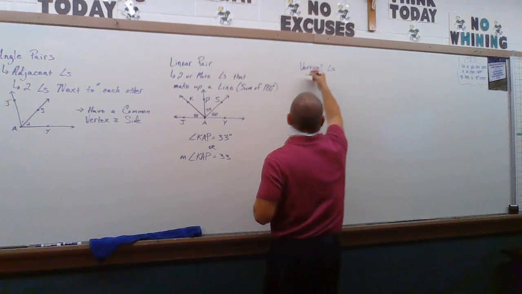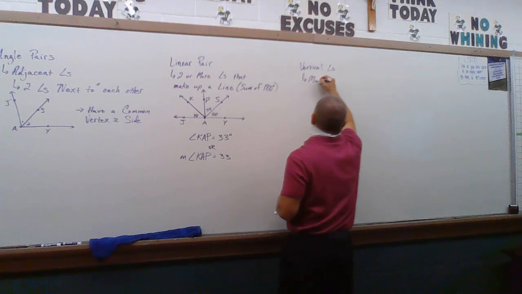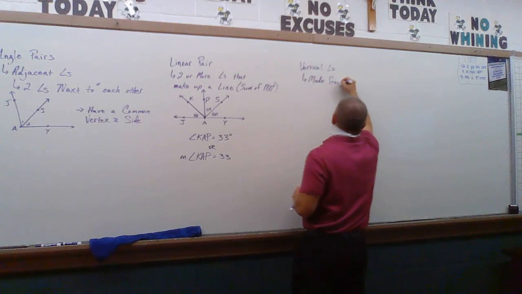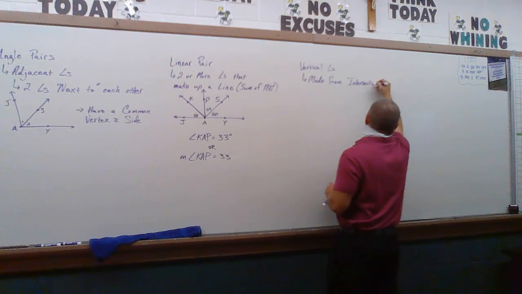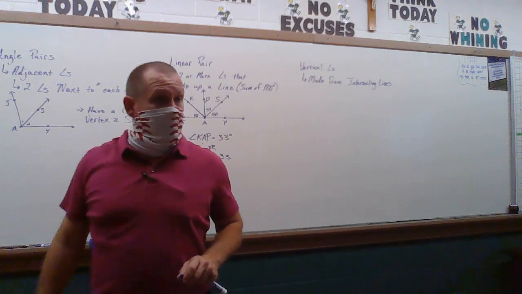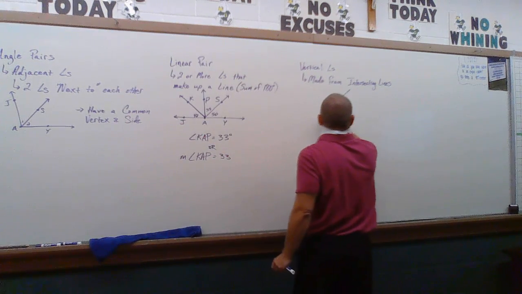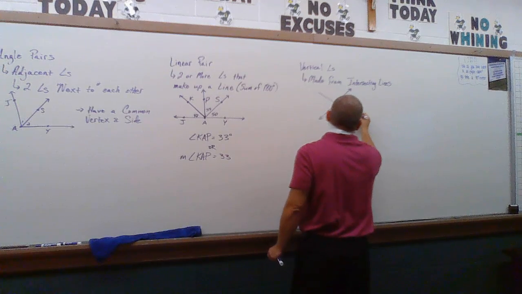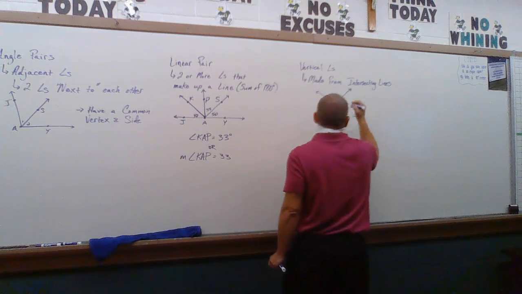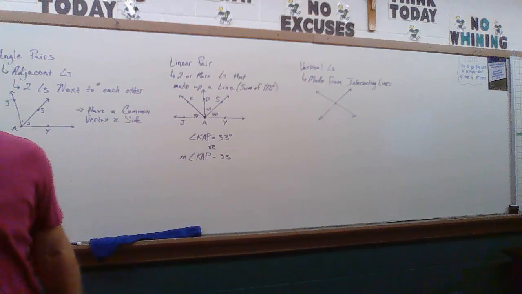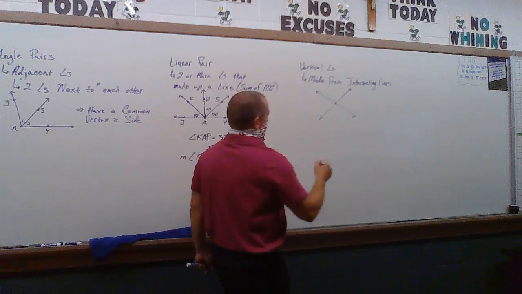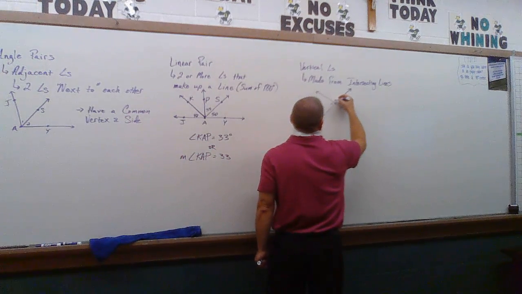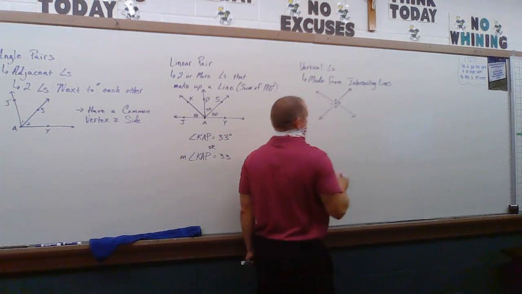Vertical angles would be made from intersecting lines. If lines intersect, what do they do? They cross. So draw intersecting lines. Doesn't matter how you draw them. And then we're going to name them by numbers: 1, 2, 3, and 4.